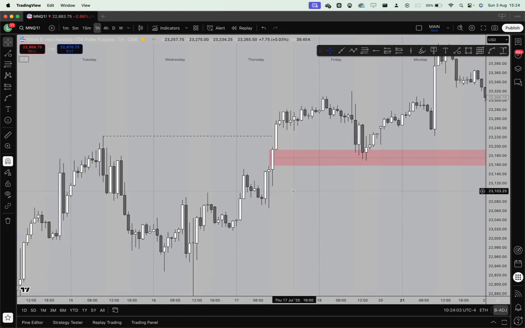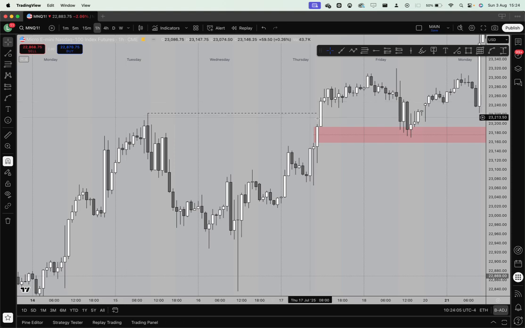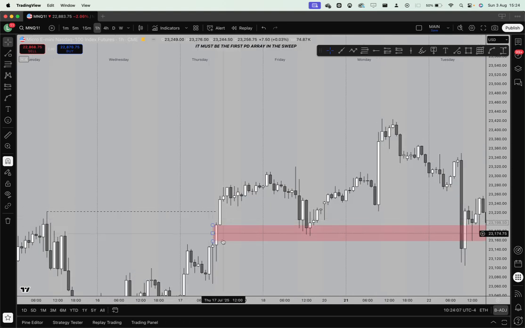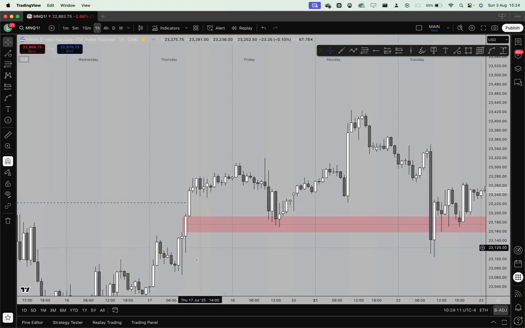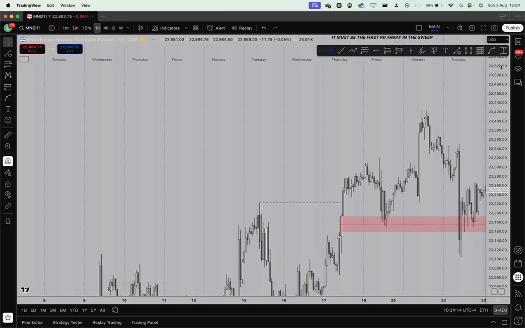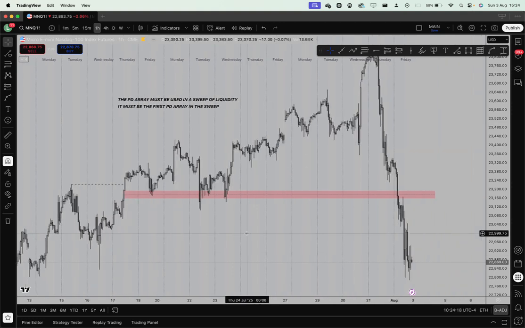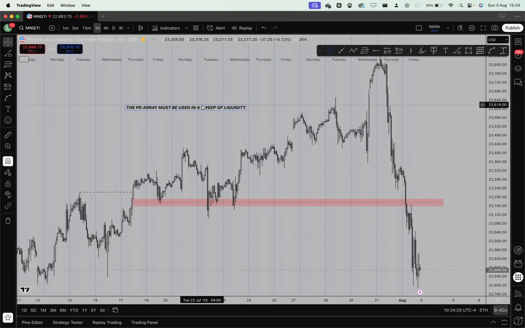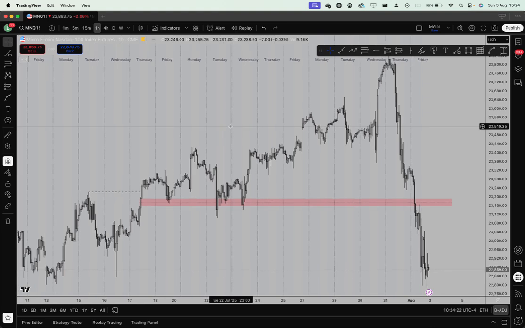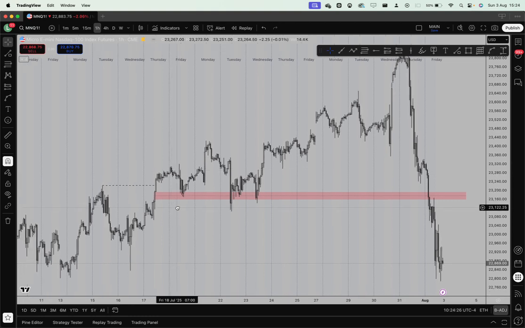Okay, so what do we have? We have a sweep of liquidity. The first PD array, which is this fair value gap, is the one we mark out. And that is the two things you must have in order to make these PD arrays valid. A sweep of liquidity and the first one out of a series.